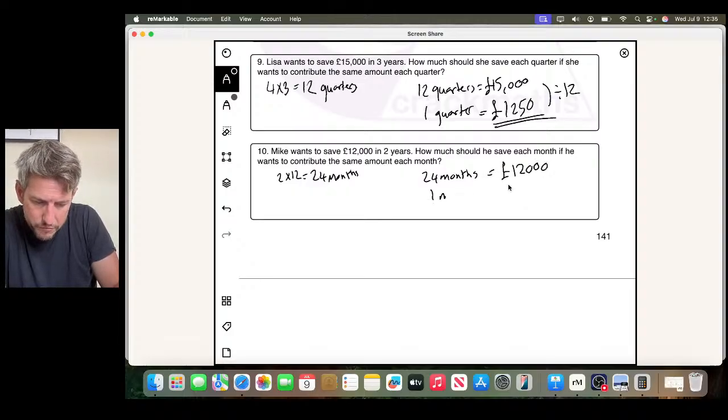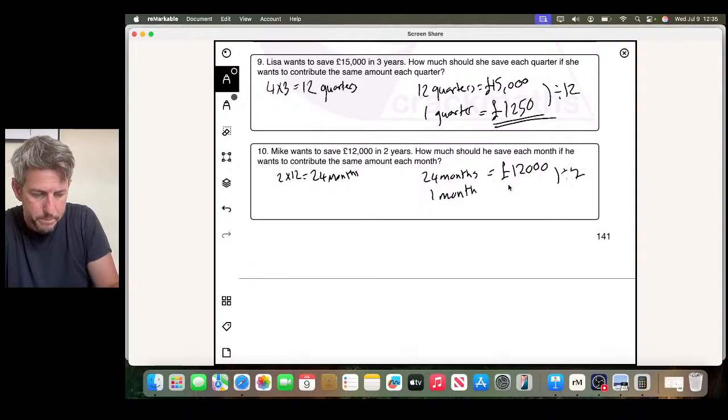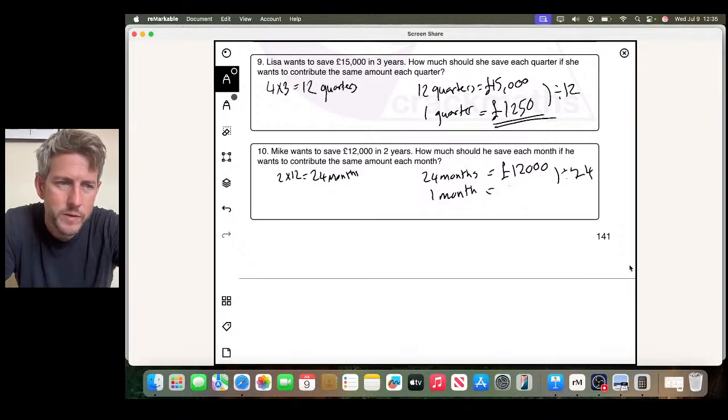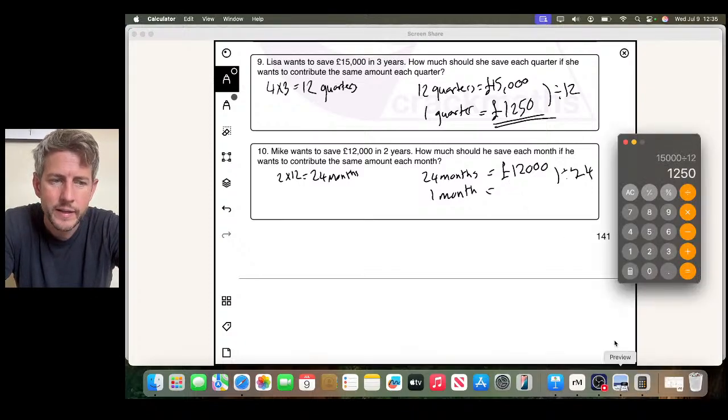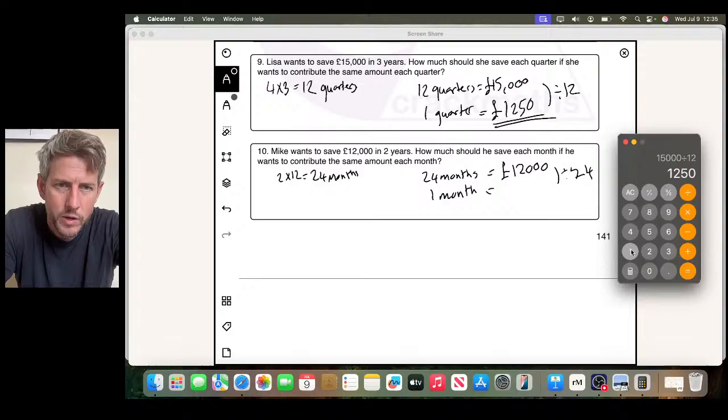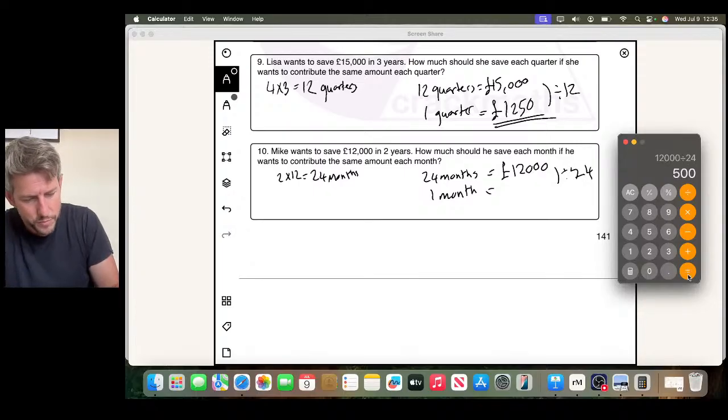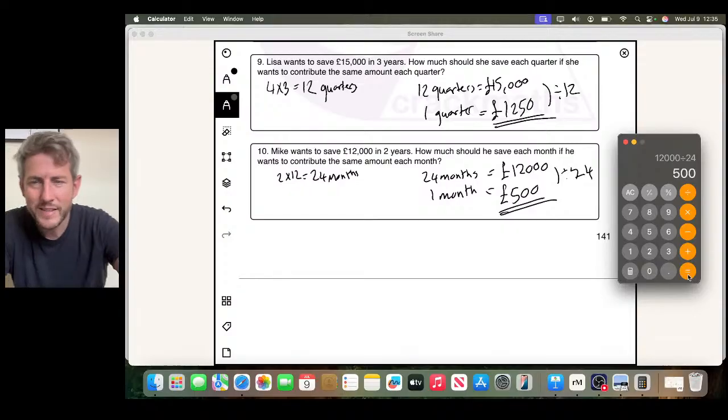We want 1 month, so we've got to divide this by 24. Okay, so 12,000 divided by 24, and that will be £500 a month. Okay, great. Let's get these marked.